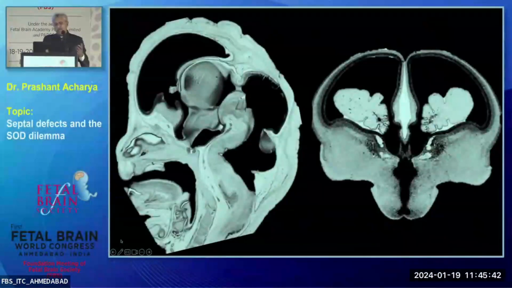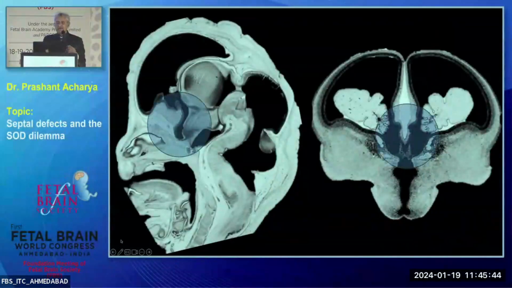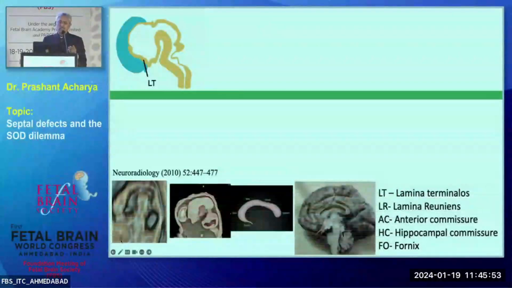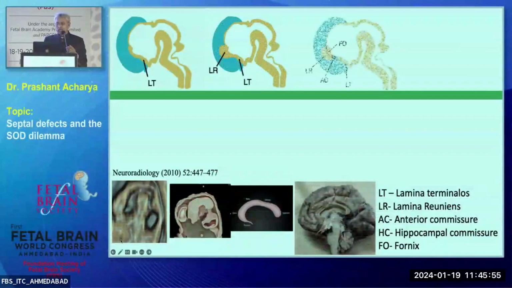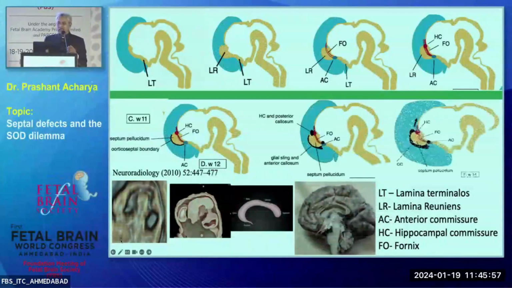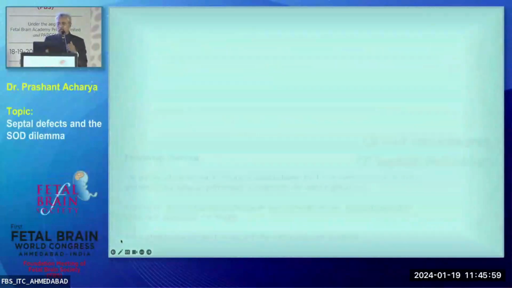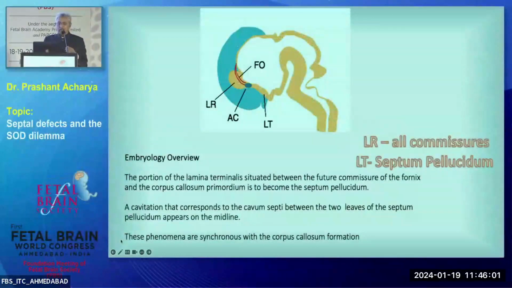Going to embryology, it is this central region where the septum pellucidum, optic chiasma, and hypophysis are going to develop. For that, you need to understand the lamina reuniens and lamina terminalis. I will skip that slide, but this is one area where the lamina reuniens gets a little thicker, a solid component.